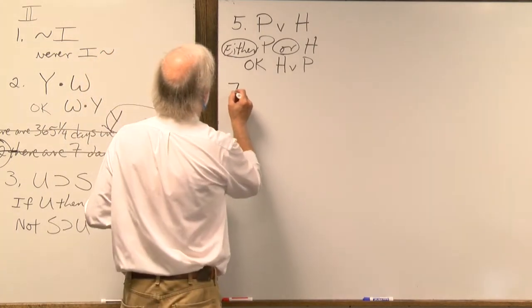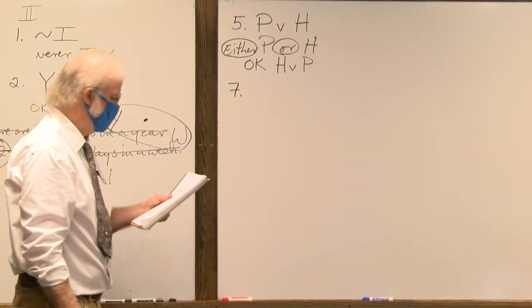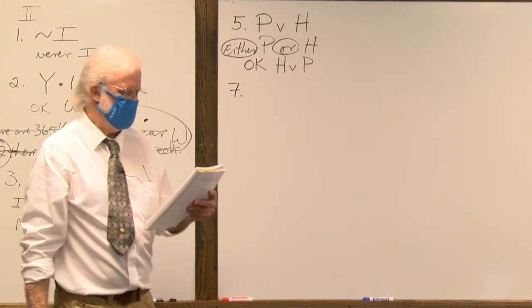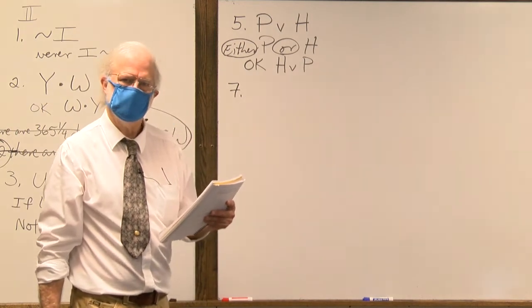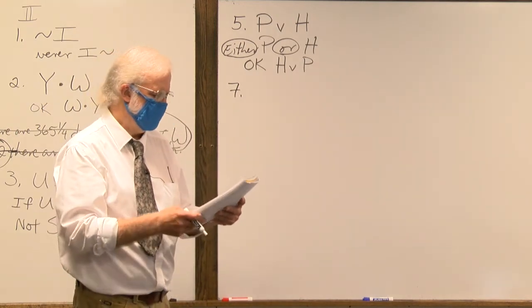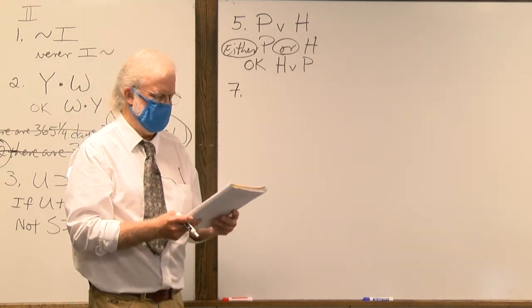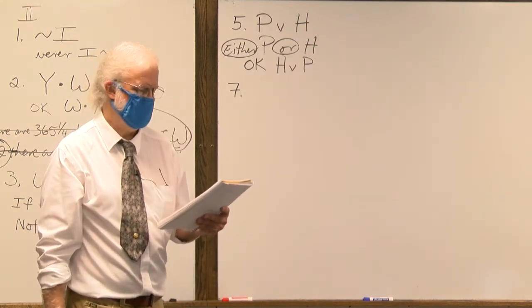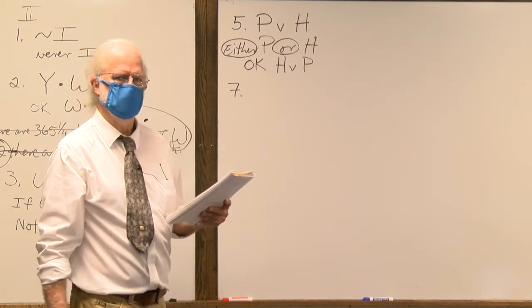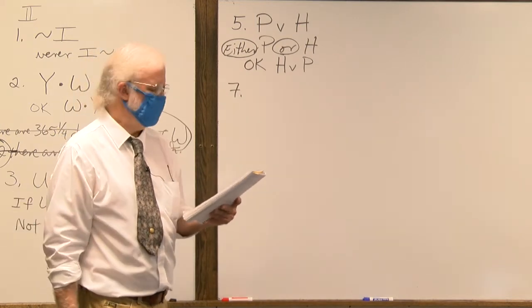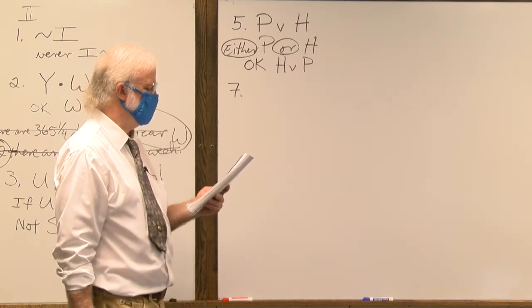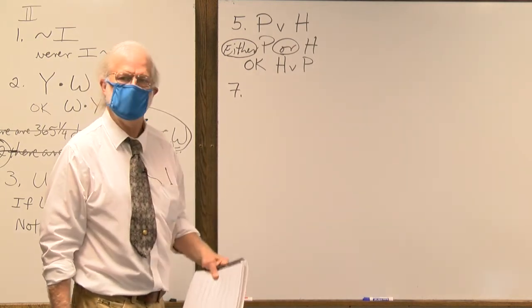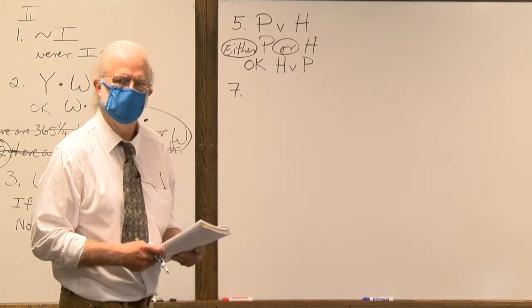Moving down a little bit to number 7. Here we have the simple statement, the defendant should be found guilty, represented by capital G, and the simple statement, he can be connected to the murder weapon, would be capital W. So how would we represent the compound statement, the defendant should be found guilty if and only if he can be connected to the murder weapon?